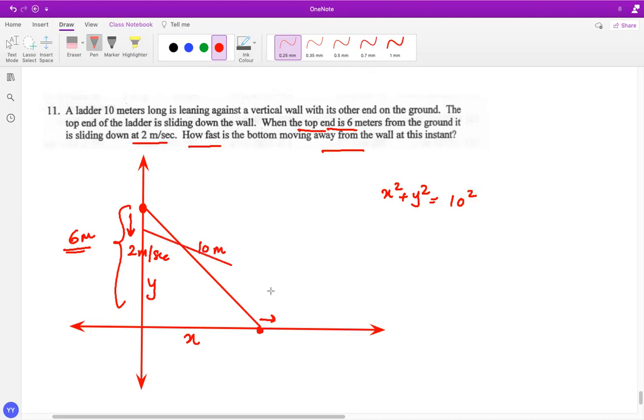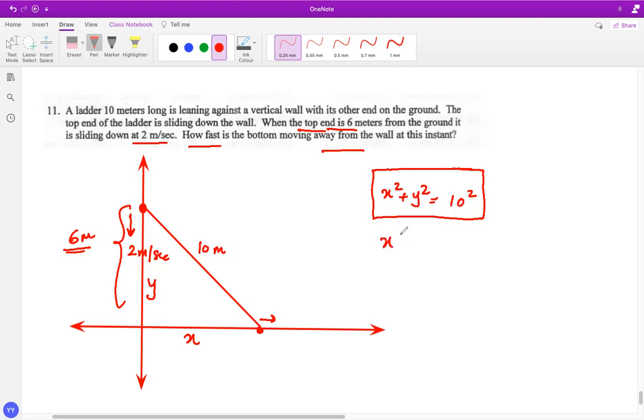Let's say the ladder is here, the length of the ladder is still the same. So the length of the ladder is not changing. This is the general assumption that we made for x and y to get a relation between x, y and the length of the ladder.